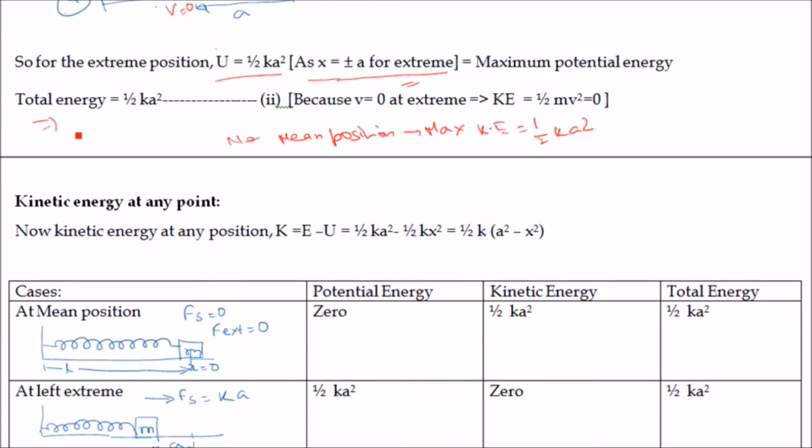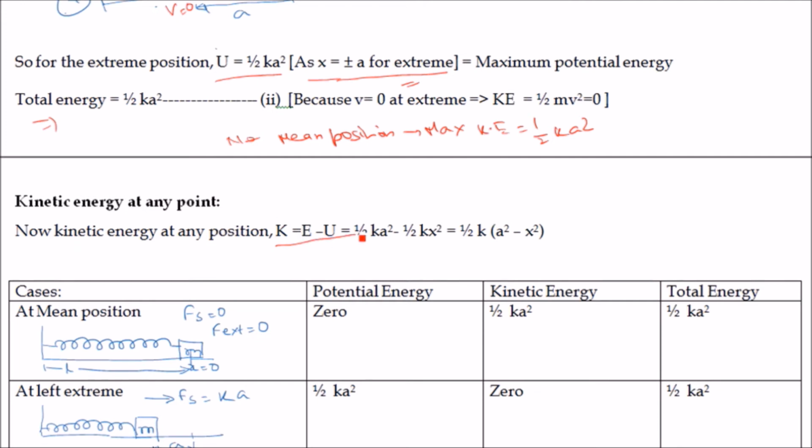If we add these two energies, the total mechanical energy is equal to half kA square, because at the extreme point the velocity is 0 and there is no kinetic energy, only potential energy.